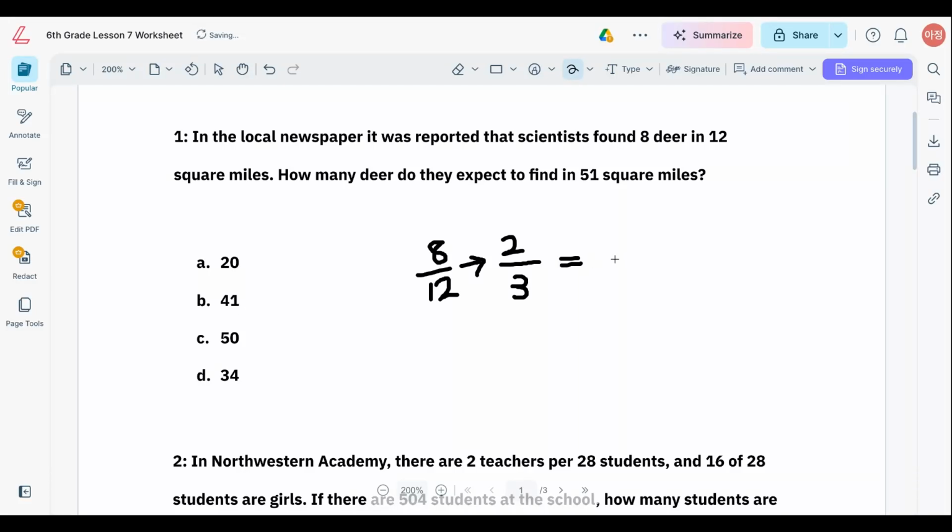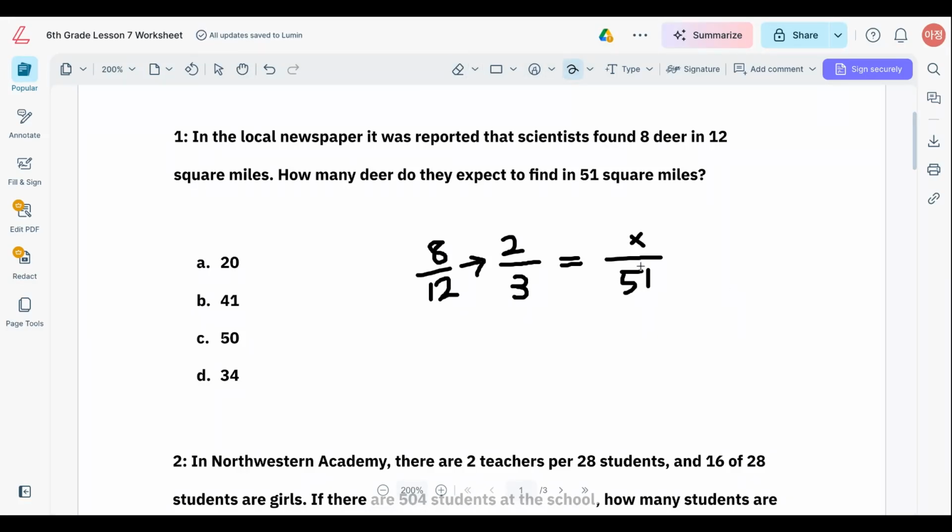how many deer they would expect when it's 51 square miles. So we can cross multiply to find this value. Let's make this value x. It's an unknown value, so we'll just use a variable for it for now.